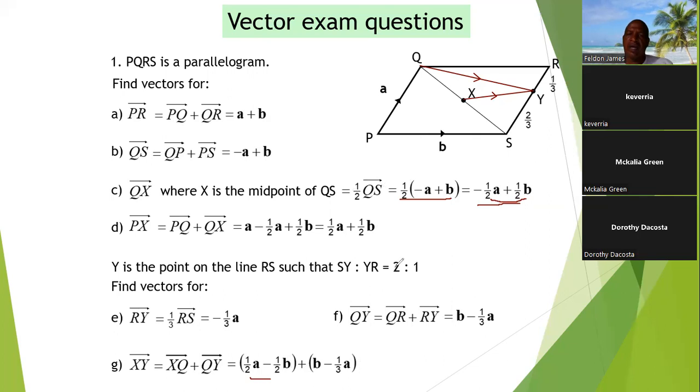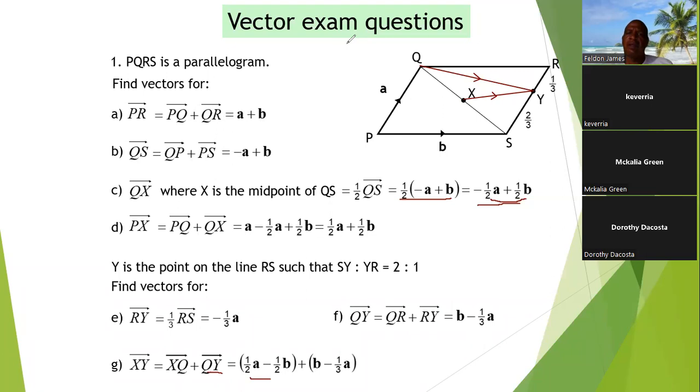And then now you would have Q to Y. Oh, I see what they're doing. They're doing it the other way around.